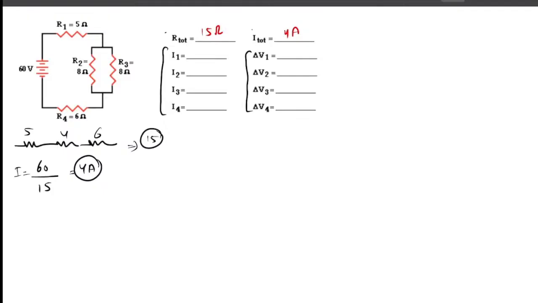Now from the circuit itself, we know that the value of I over here and the I over here, that is R1 and R4, are going to be the same as the net current in the circuit. So these will be 4 amperes and 4 amperes.